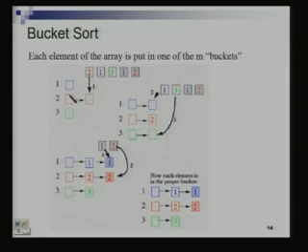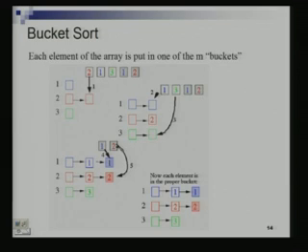Take the first number, it goes into bucket 2, so I put it here. Then I take the next number, it goes into bucket 1, so I put it here. The third number goes into bucket 3, I put it here. The fourth number goes into bucket 1, so I append it at the end of this list. End is important to maintain stability.